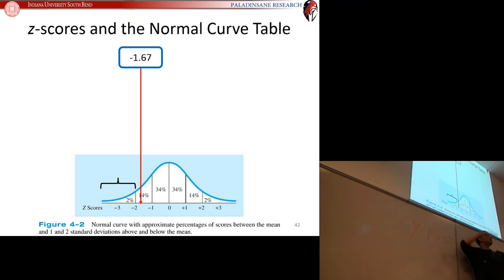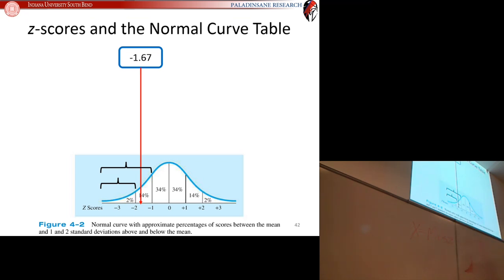Our final answer should be greater than 2%, because it's 2% plus whatever this little bit is right here. We also know that our area is going to be less than 14 plus 2 equals 16%, because this whole section here is 16%, and we want less of it. We don't want this part, we just want that portion over there.